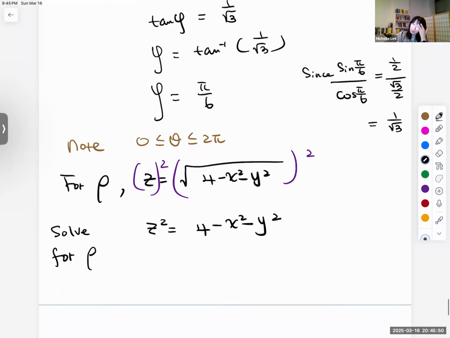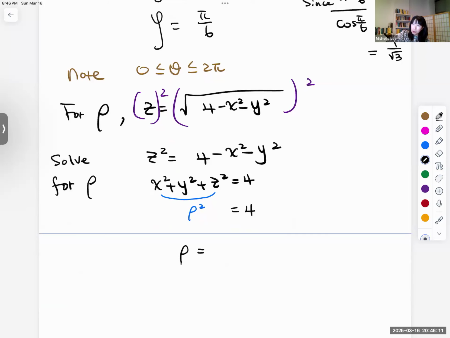And then as I said, we put x, y, z on one side: x squared plus y squared plus z squared equals 4. We know this is rho squared equals 4. What's rho? Rho equals plus or minus 2.